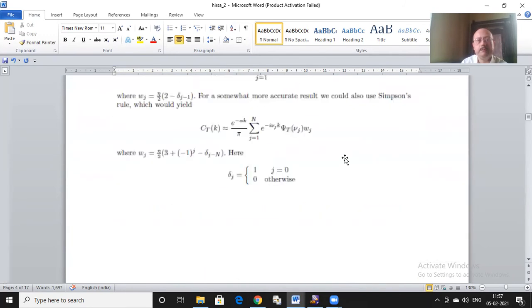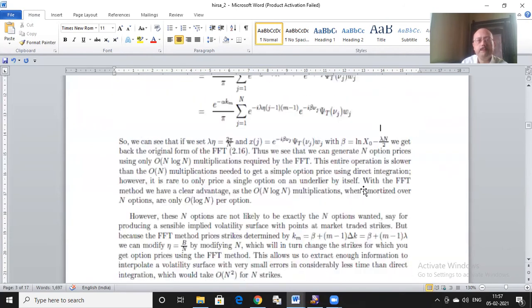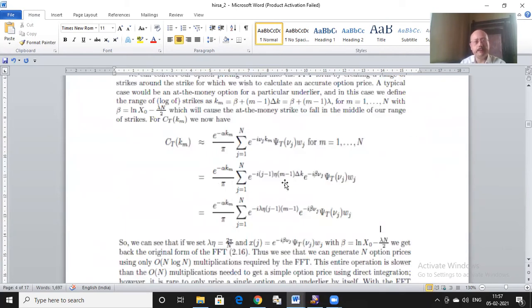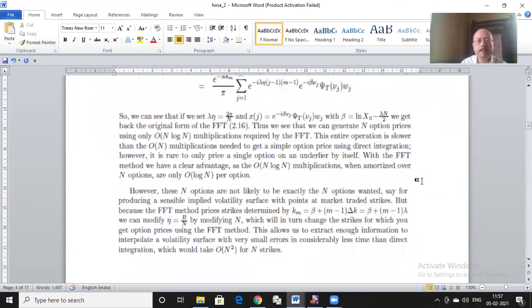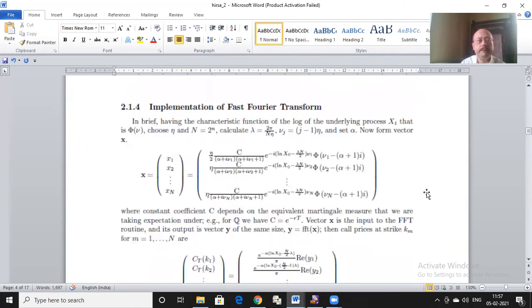So I had two variables here, mu and k, which we have put in here together, mu j and k m, so that at one go I compute the call price for multiple strikes. But how does it get computed in a program, in an algorithm? So the implementation part of FFT.